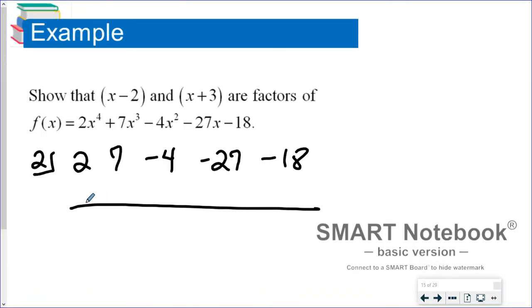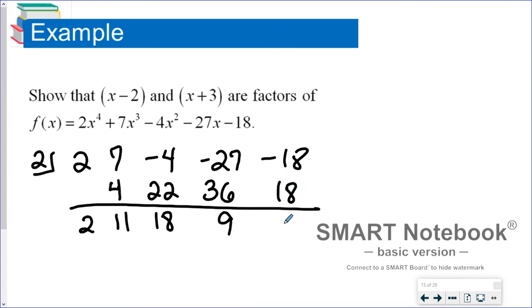So go ahead, bring this down, multiply, add, multiply, add, multiply, add, multiply, add. So since this was a 0, since there's no remainder, that means that this divided in evenly and thus is a factor.